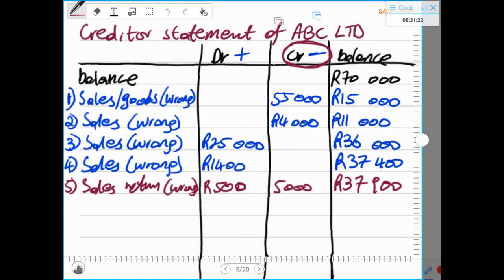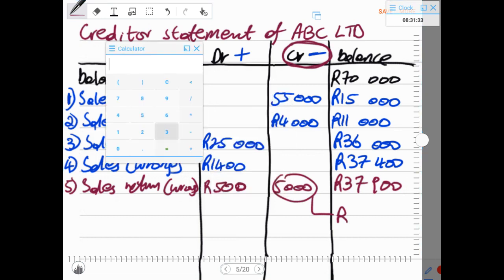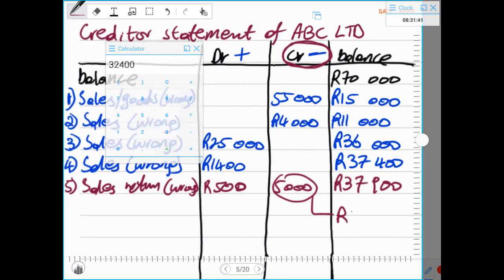Had 5,000 been recorded on the right side, the balance was supposed to be calculated as 37,400 minus 5,000 rands. So that means this was going to be 32,400. So now by recording an understated return on the debit side, it will overstate the balance.